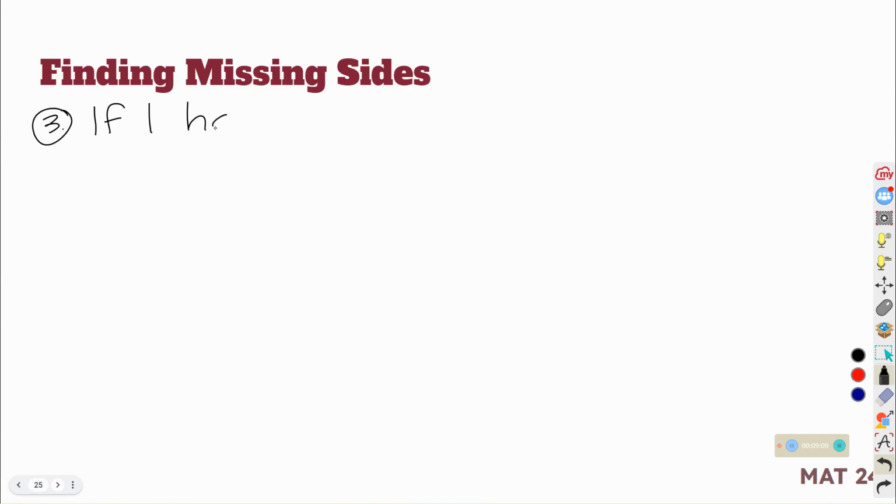So if I have a side and angle, I know one of my side lengths. I know one of my angles other than the 90 that I already know. In that case, I'm going to use sine, cosine, or tangent.